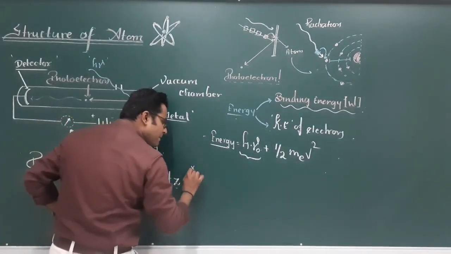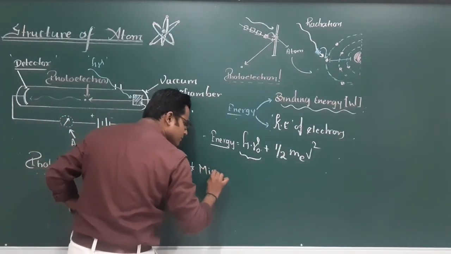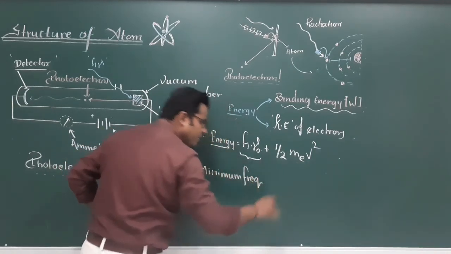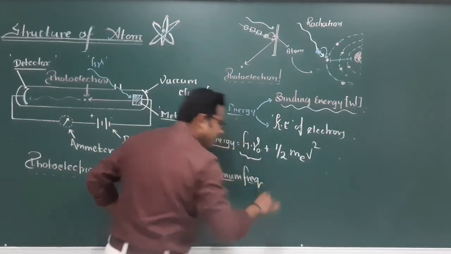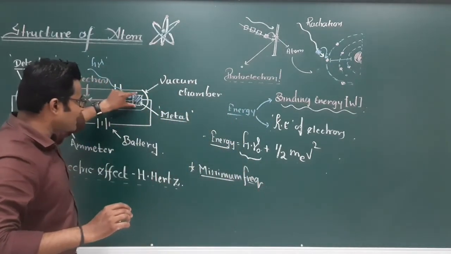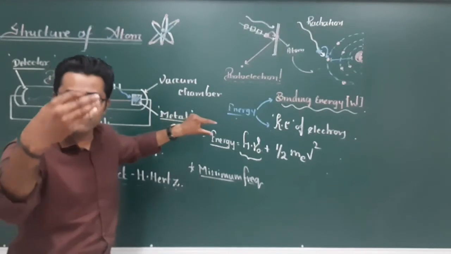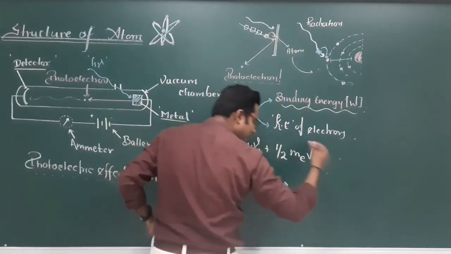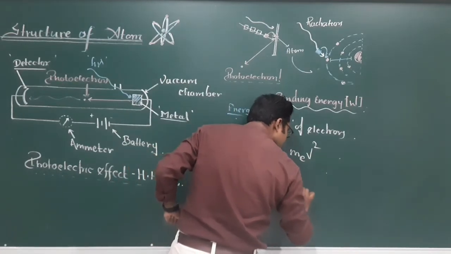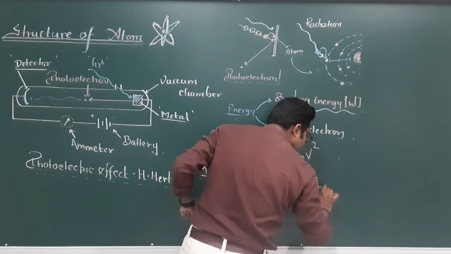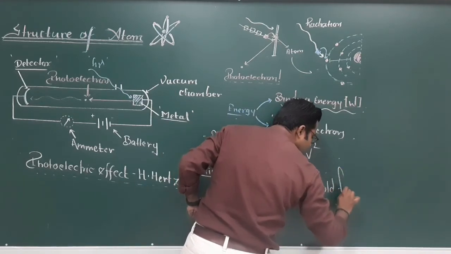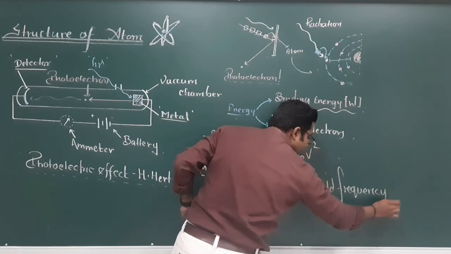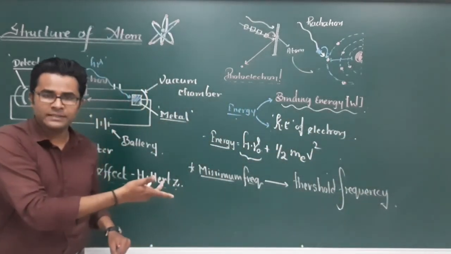So therefore, the minimum frequency of the radiation which is required for that characteristic metal in order to exhibit the photoelectric effect, that minimum frequency we call the threshold frequency.